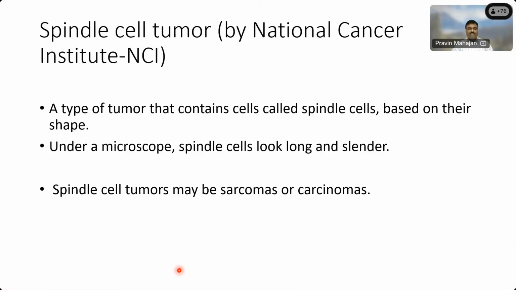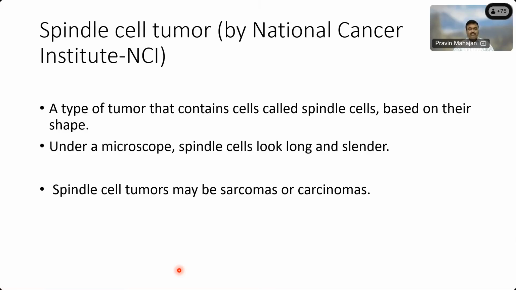So when this topic was given to me, that I have to give an approach to spindle cell tumor, there are so many soft tissue tumors or mesenchymal tumors which have got spindle cell morphology. And I don't think it is possible in a lecture of maybe an hour or even two hours to give you everything about all the spindle cell tumors.